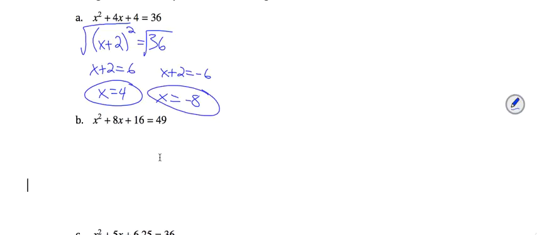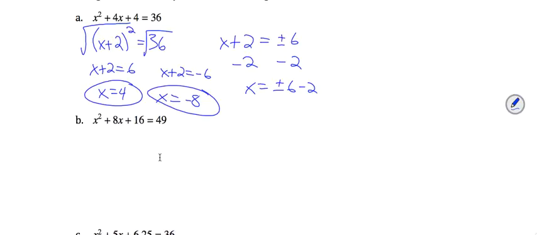Okay? A shortcut that you'll sometimes see people use when they're solving these equations is after the square root step, they'll write x plus 2 equals plus or minus 6. And then they'll subtract 2 from both sides there. They'll get x equals plus or minus 6 minus 2. And then they'll just do that math, right?